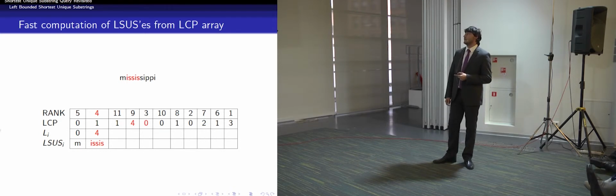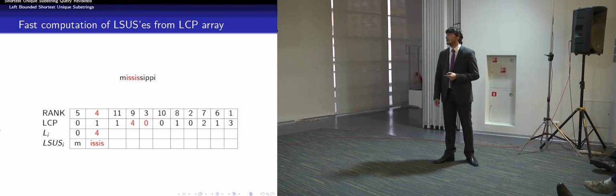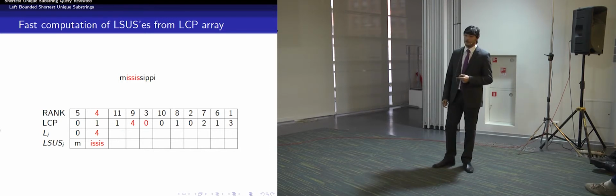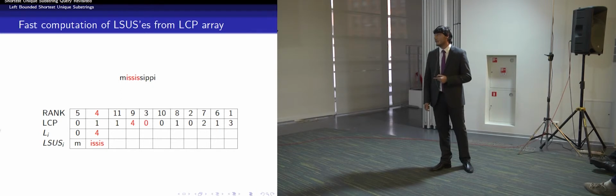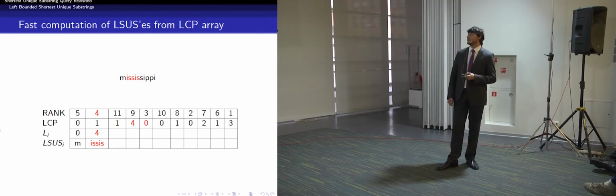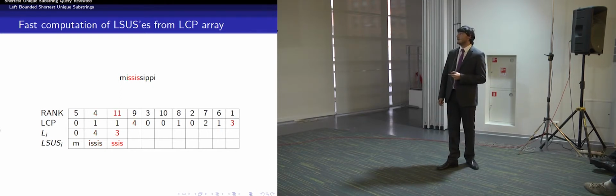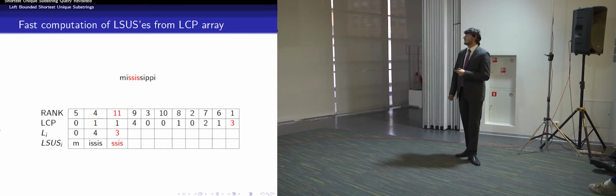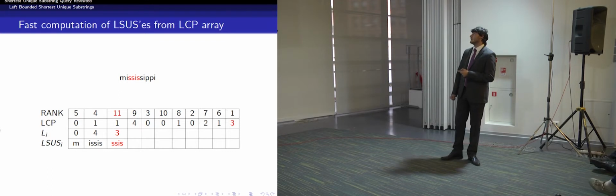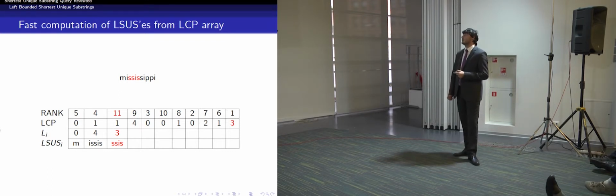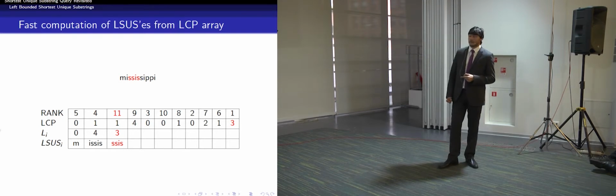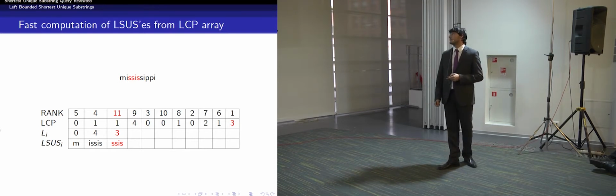We take the 4 and 5 of the LCP array. The maximum is 4. Therefore, we need to take the substring from 2 to 6. Next one, we go to position 11. Position 11 doesn't have any successor in the LCP array, so we take this value only. And we take from 3 to 6 as the LSAS.